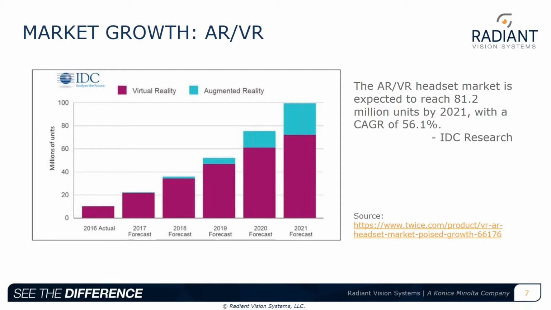And we don't see very many good solutions available on the market to do the measurement of these devices. Radiant sees itself as a leader in display inspection, and as display technology changes, Radiant needs to keep adapting and continuing to offer top-notch solutions for these different applications.